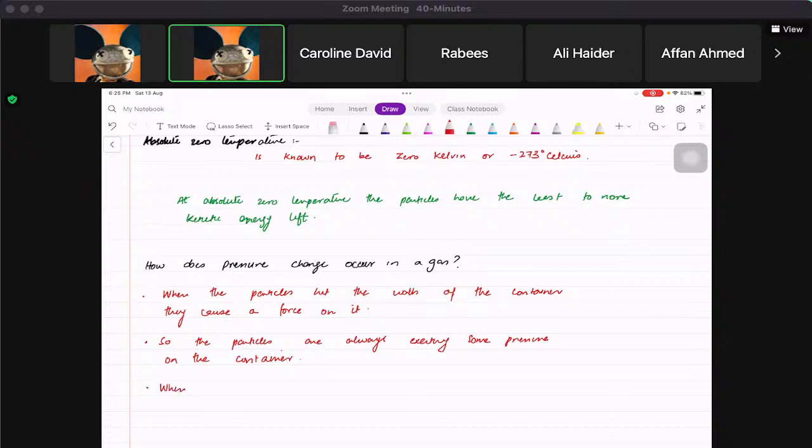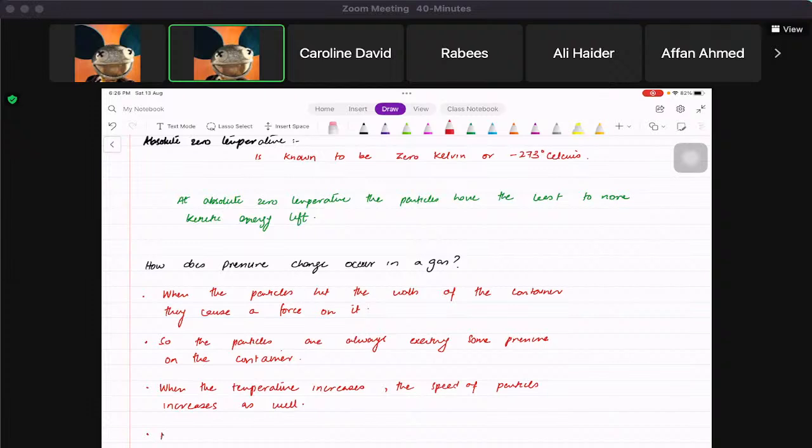So what happens is that when the temperature increases, the speed of particles increases as well. So what happens then?